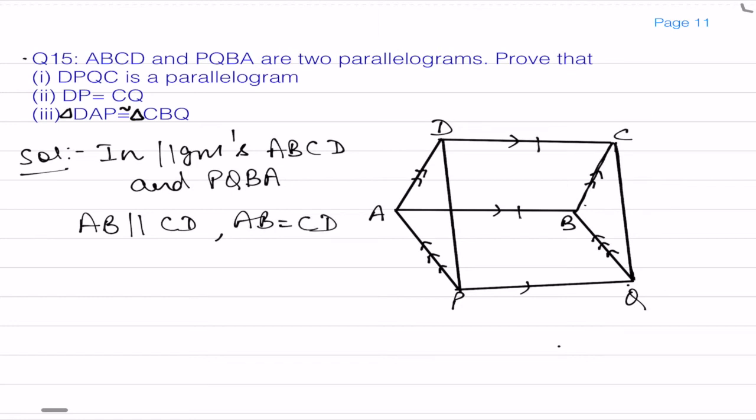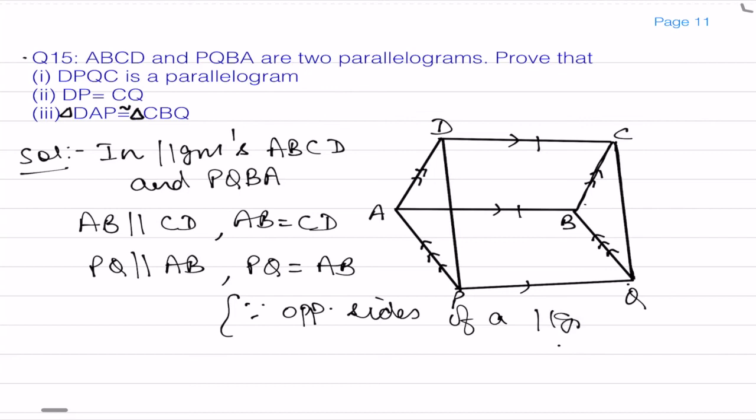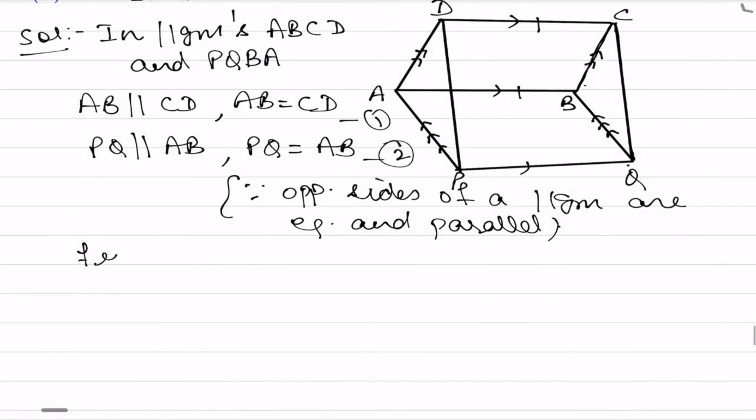Similarly, in parallelogram PQBA, PQ is parallel to AB and PQ is equal to AB. The reason for both the equations is because opposite sides of a parallelogram are equal and parallel. This is equation number 1 and 2.